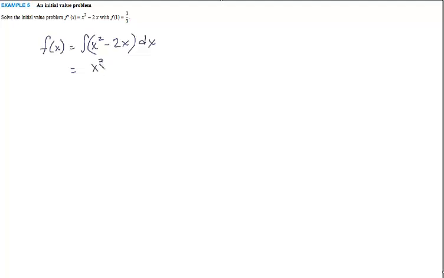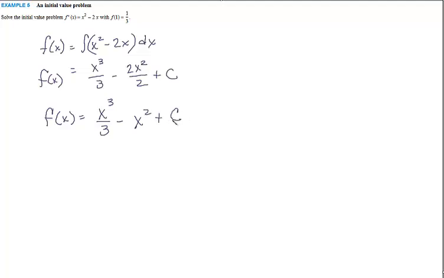That would be x cubed over 3 minus 2x squared over 2 plus some constant. That's what my f of x would be. Let's clean it up just a hair, just to make it read x cubed over 3 minus x squared plus c. Now I know that f of 1 equals 1/3. That's going to give me my constant.